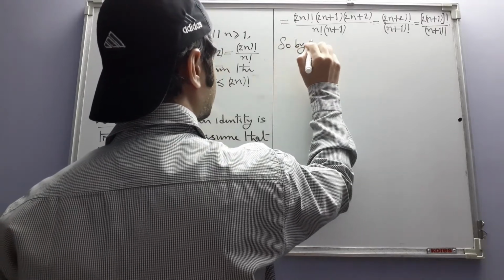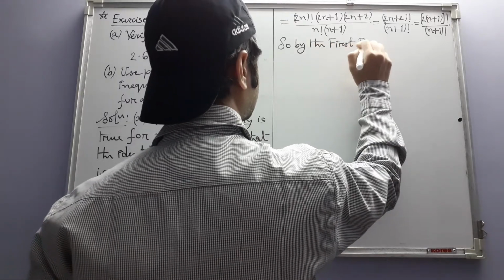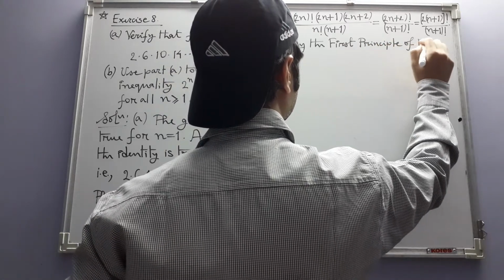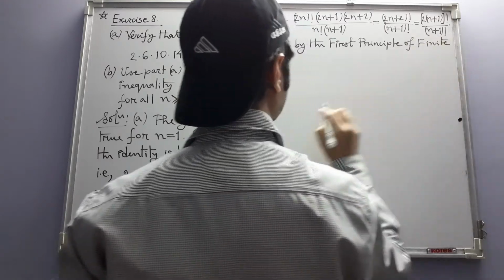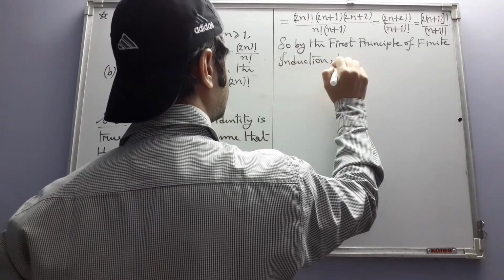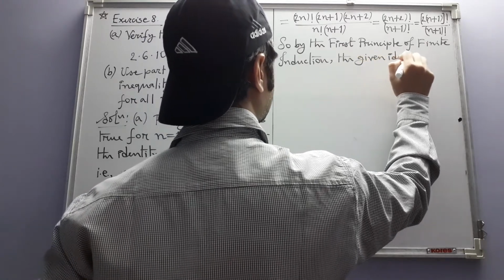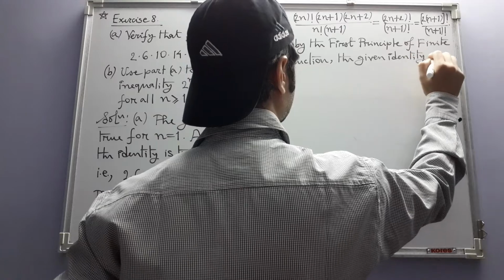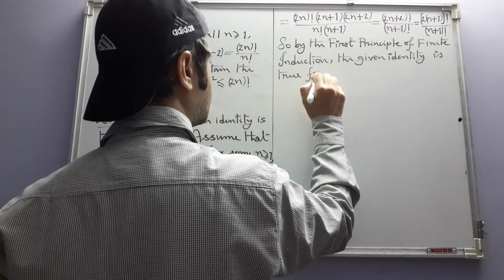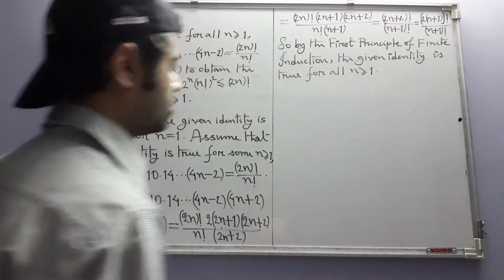So by the first principle of finite induction, the given identity is true for all integers n greater than or equal to 1.